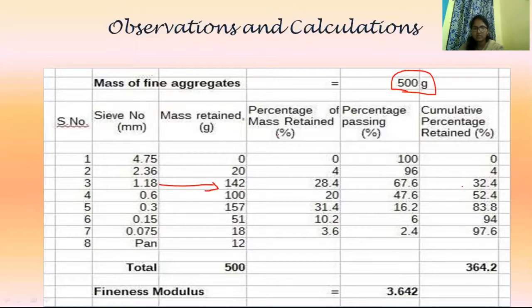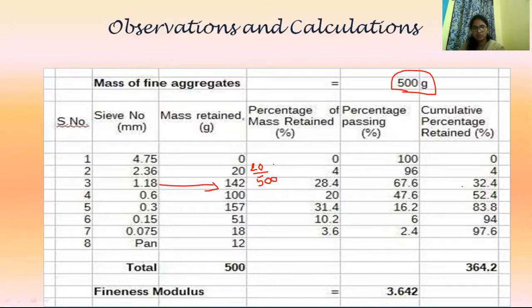Now the second column is percentage of mass retained. How do we calculate it? For a particular sieve, for 2.36, the retained sample is 20. We take the overall sample, 500.